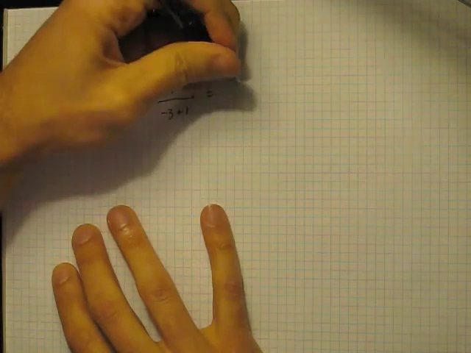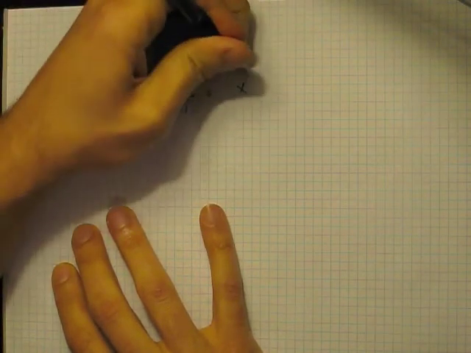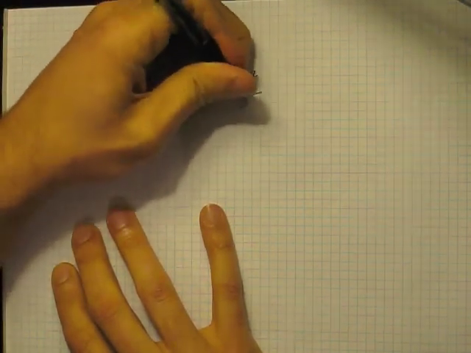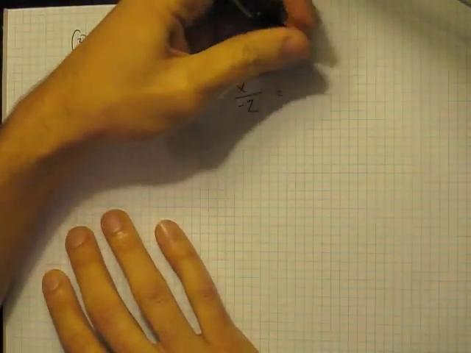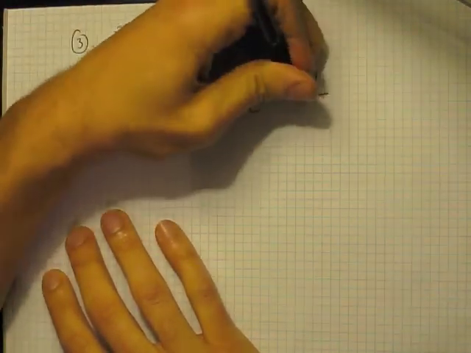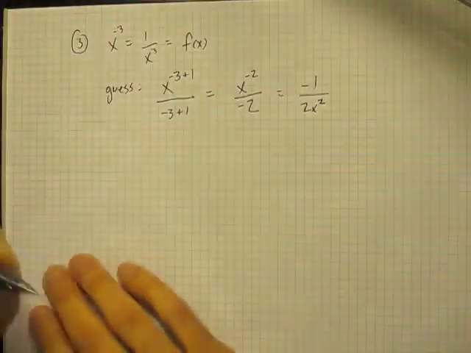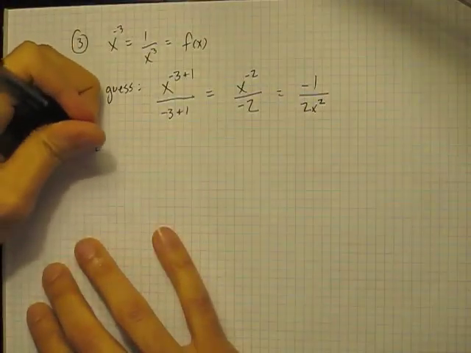So let's simplify this. We get minus 3 plus 1 is minus 2 over minus 2. Okay, maybe another way to write this would be minus 1 over 2x squared. Okay, something like that, but let's check.